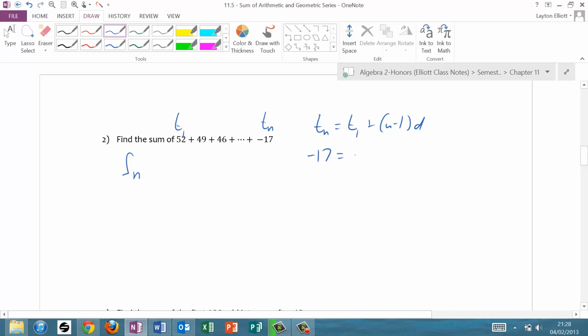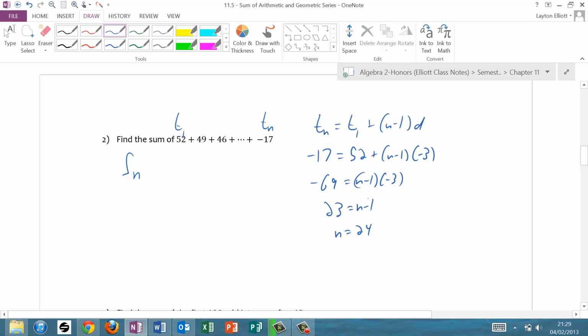Negative 17 equals 52 plus n minus 1 times the common difference, which looks to be negative 3, since I'm subtracting 3 to get to the next term. So subtract and solve: negative 69 equals n minus 1 times negative 3. Let's divide by negative 3, and I have 23 is equal to n minus 1, so n is equal to 24.